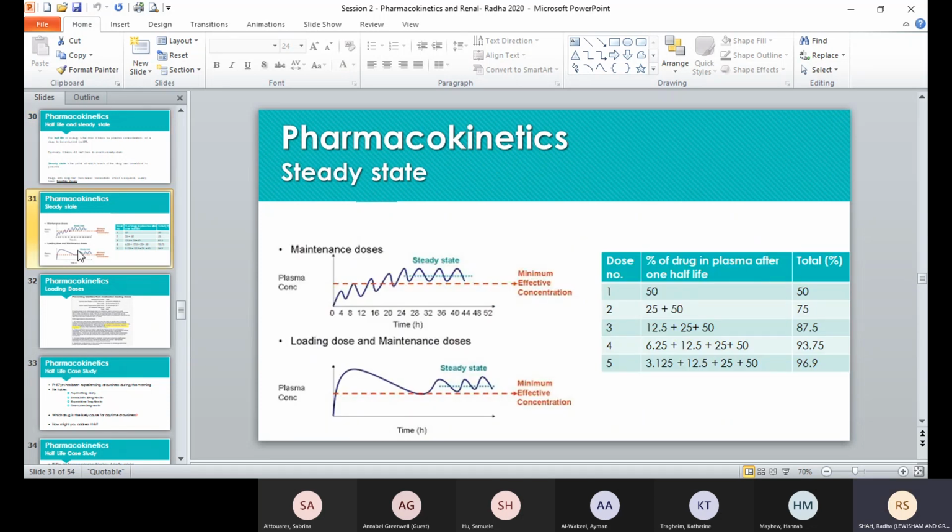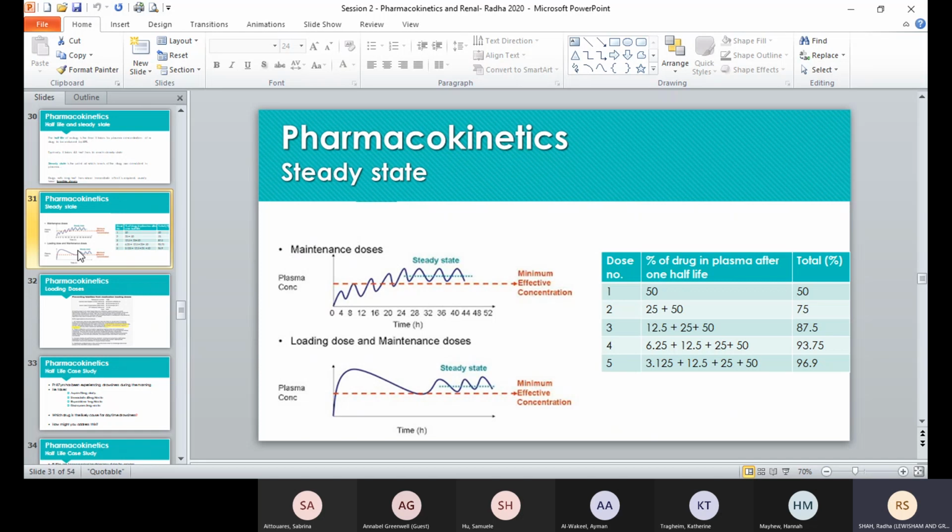So then there are these graphs, where some have a loading dose and then maintenance doses, or they have just maintenance doses and then wait to reach steady state. You'll have your minimum effective concentration, the minimum plasma concentration it has to reach for the drug to have an effect.